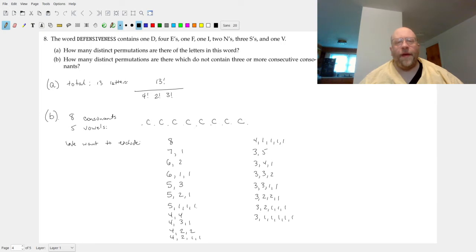So then let's think about how we can do this. What I'm going to imagine here is that we have just a single cluster of eight consonants. And so we have five vowels, four E's and one I. So we're going to place the five vowels here and then drop the eight consonants in someplace along here. So there are 5 factorial divided by 4 factorial, 5 ways of arranging vowels.